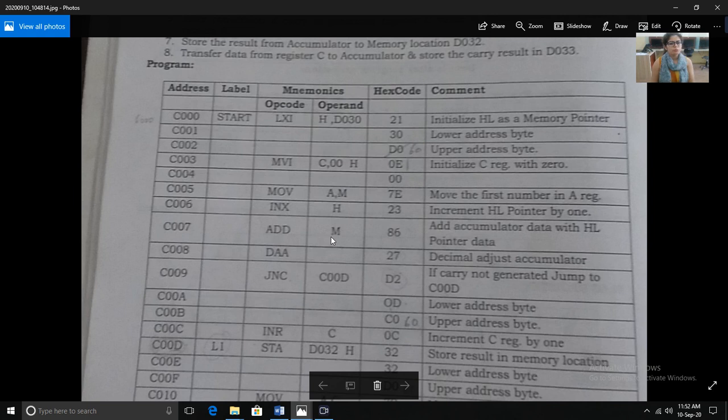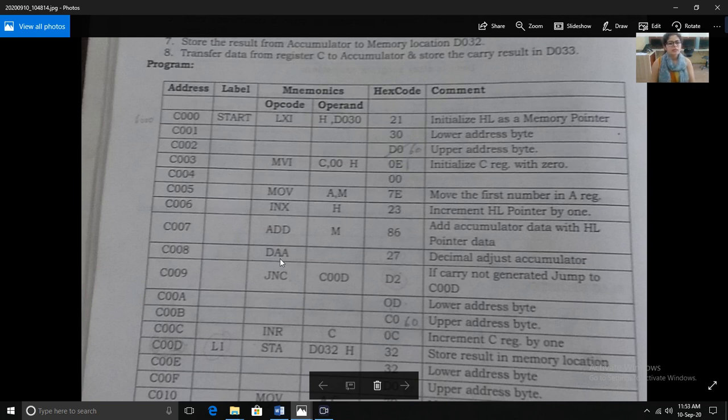HL is pointing to memory location 6031, because we have incremented the value of H. Earlier H was pointing to 6030, but now it is pointing to 6031, where the second operand is stored. So this instruction will add the contents of that memory location and the accumulator, and the result will be stored back in the accumulator. So this is the hex code of the add instruction.